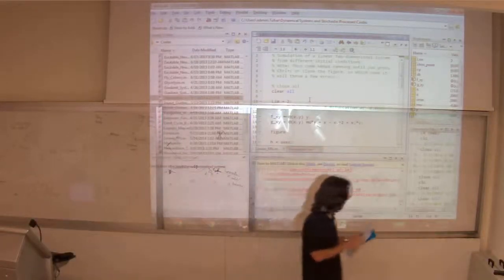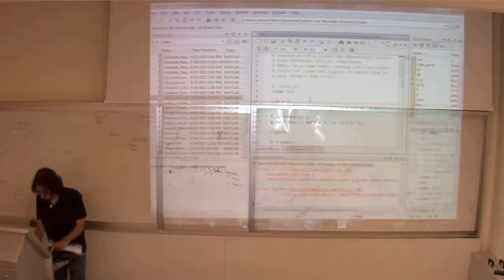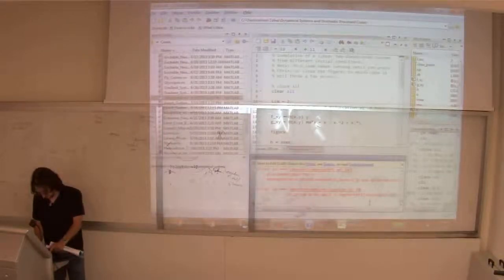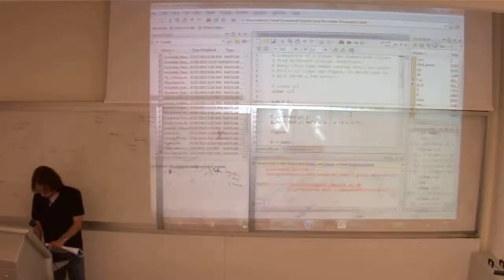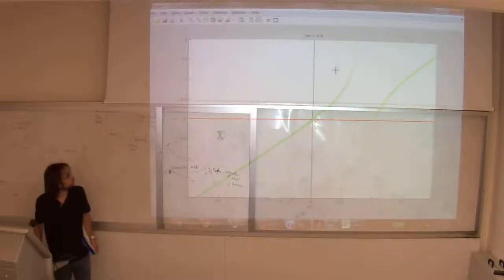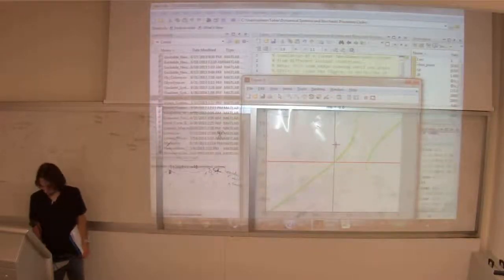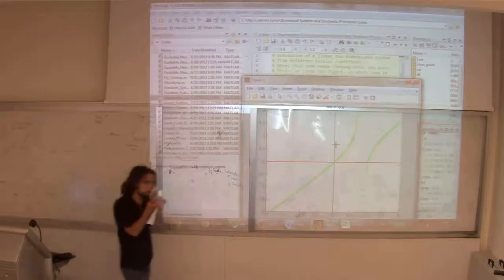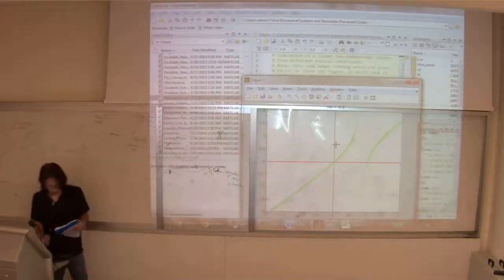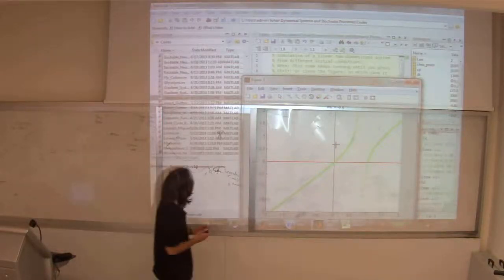It's not for mu greater than the critical mu. Okay, so the homoclinic orbit is a special case, and it occurs for the bifurcation point.